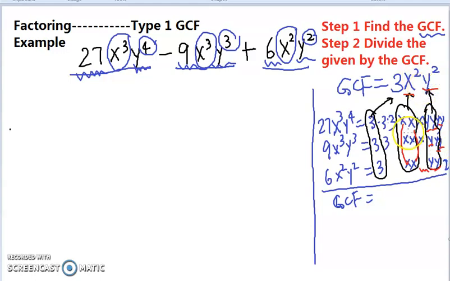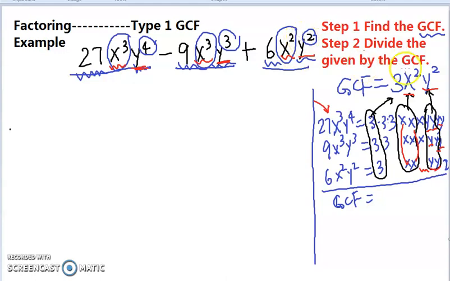But looking at this, the tip is you don't have to. This is really tedious. You don't have to break down like that if you can remember the tip. So the tip would be like looking at 3 copies of x, 3 copies of x, 2 copies of x. They have exactly 2 copies in common, because all of them have at least 2 copies of x. And then looking at the y's, 4 copies of y, 3 copies of y, 2 copies of y, they all have 2 in common.